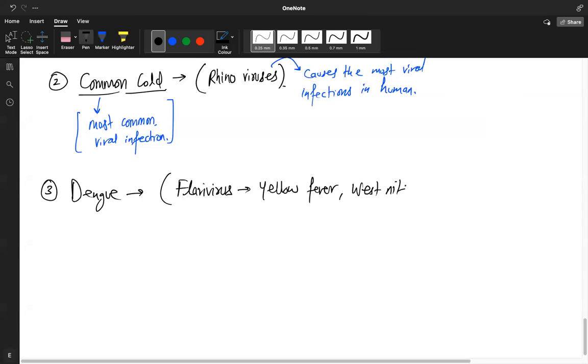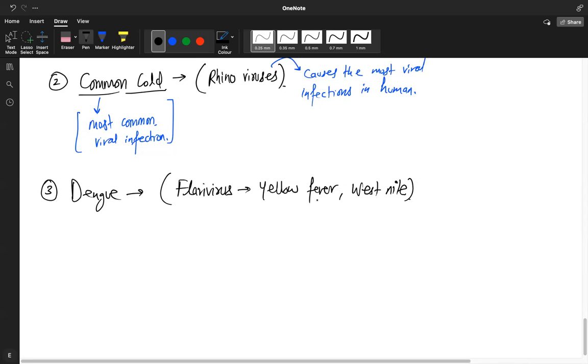Not wrong. West Nile is also dengue virus. It's named with respect to the presence where it is found, west of the Nile. Where is Nile River? Egypt. Yes. So west of Nile is the Africa. Yes. You understand, everyone? Yes, sir.